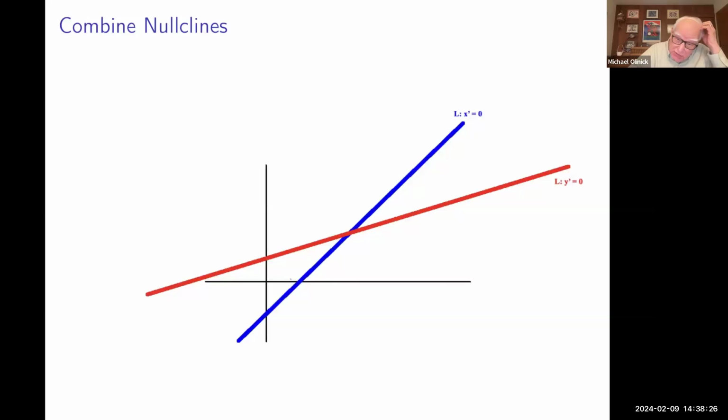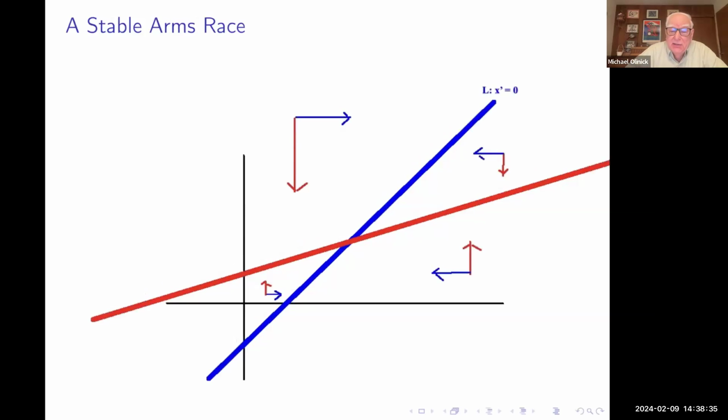Now, if we put these two null lines together, so here's a typical way they might be represented, and look at where we have movement to the left, right, up, or down, we see there are 4 regions. If we begin in this region, we have both derivatives decreasing, so we'd be moving downward towards the left. If we're in this region, we'll be moving in a southeast direction towards the stable point.